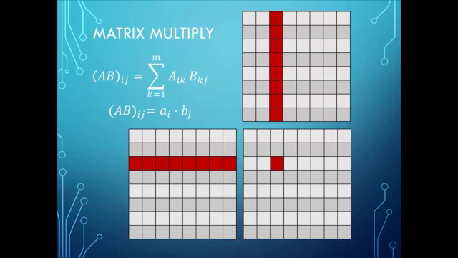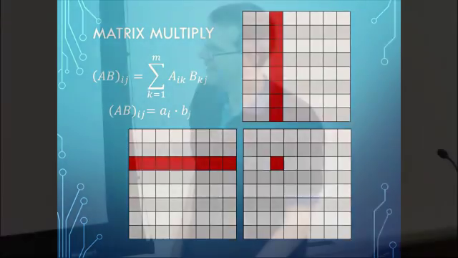I think everyone understands how to do a matrix multiply. Row times column gives you the cell that you're looking for. So it's pretty well understood what the problem is here. I'm going to be using square matrices for everything, even though that's not necessary, because the application that I use generally uses square matrices.